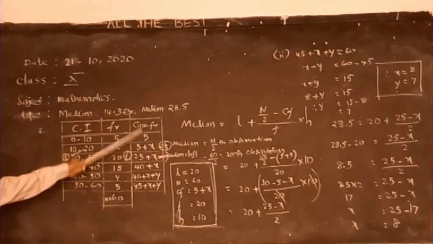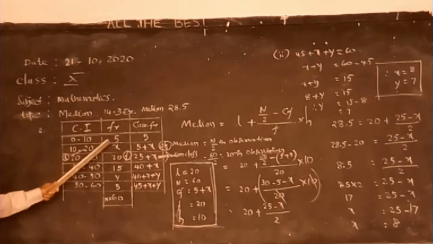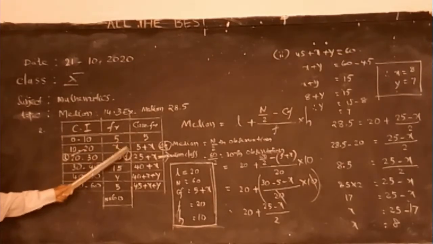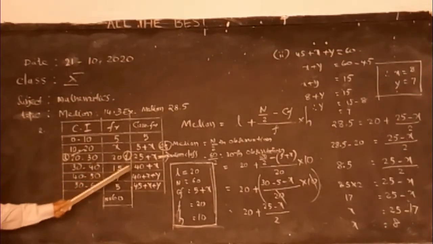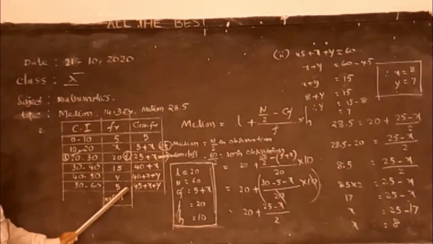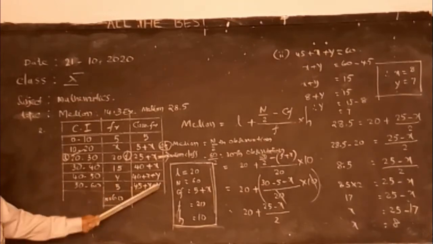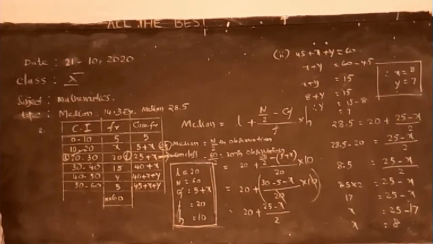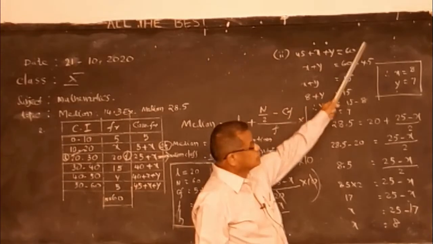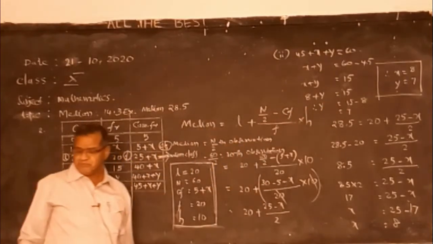So in writing the cumulative frequency, whatever frequency is given here, you repeat the same: 5 plus x, 25 plus x, 40 plus x, 40 plus x plus y, 40 plus 5, 45 plus x plus y. This totals 60. So 45 plus x plus y is equal to 60, the total frequency.